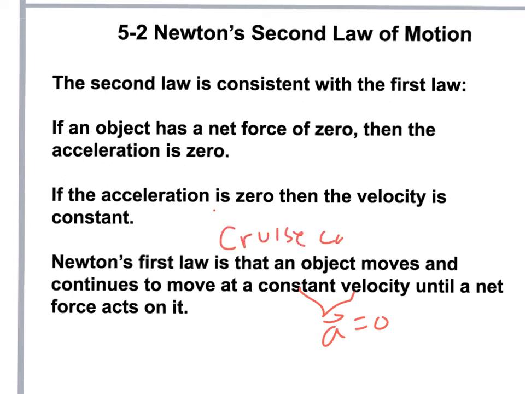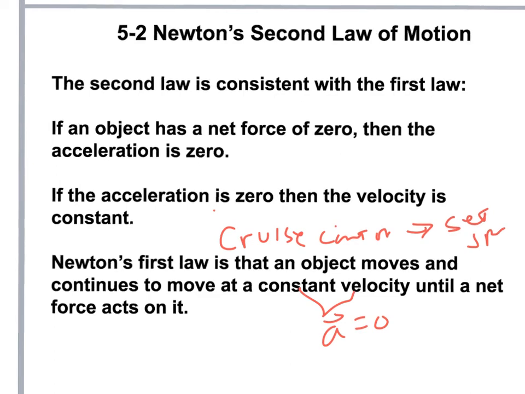You're set on a set speed, and you're going to continue moving at that set speed until you apply a force to change the direction or change the speed. So without that net force, you're going to continue moving at the set speed, or moving with a constant velocity.